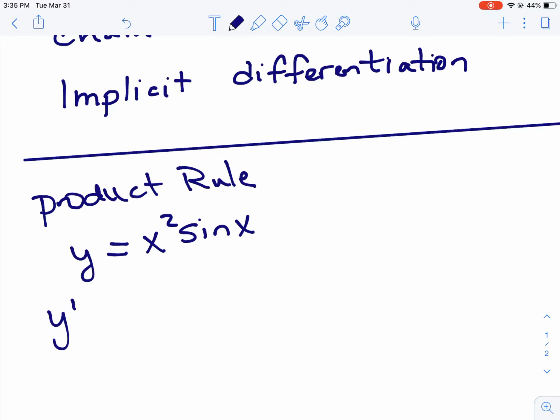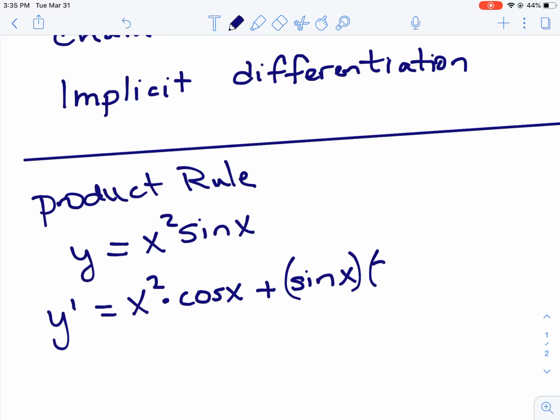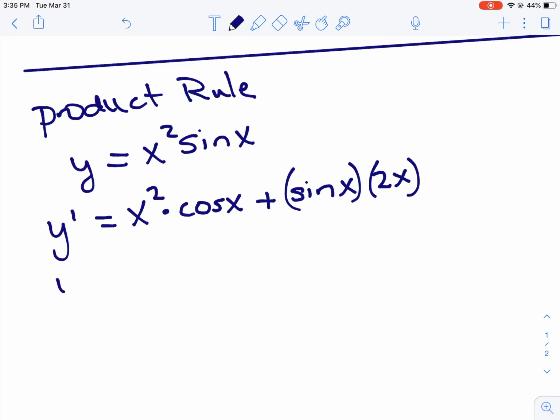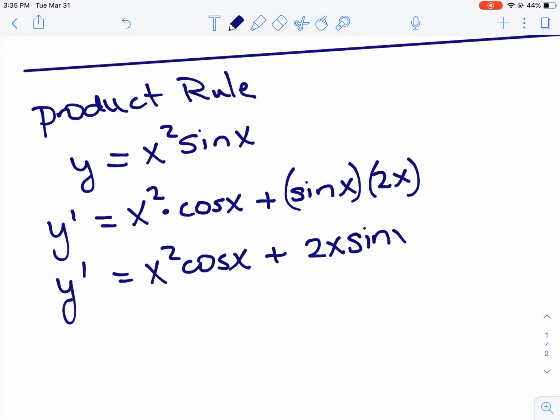So y prime is the first, which is x squared, times the derivative of the second, the derivative of sine is cosine x, plus the second, which is sine x, times the derivative of the first, which is 2x. So then I would rearrange this and say the derivative is x squared cosine x plus 2x times the sine of x. All right, that's the product rule.